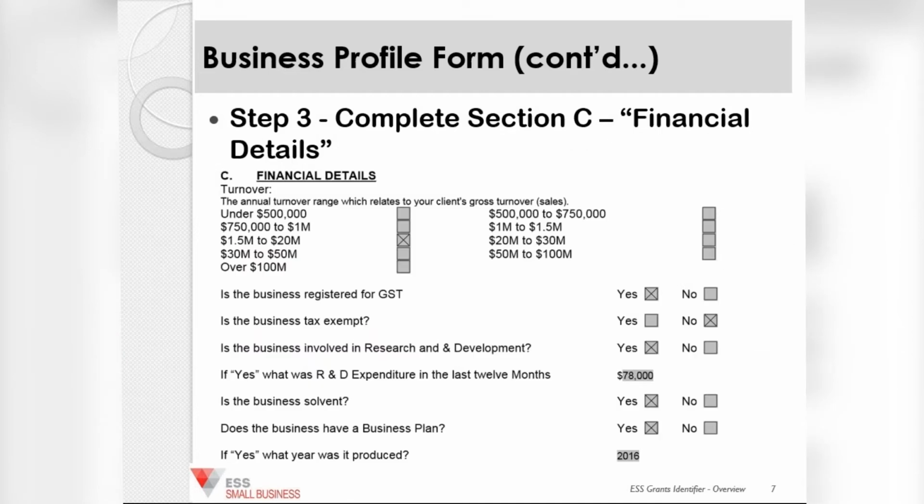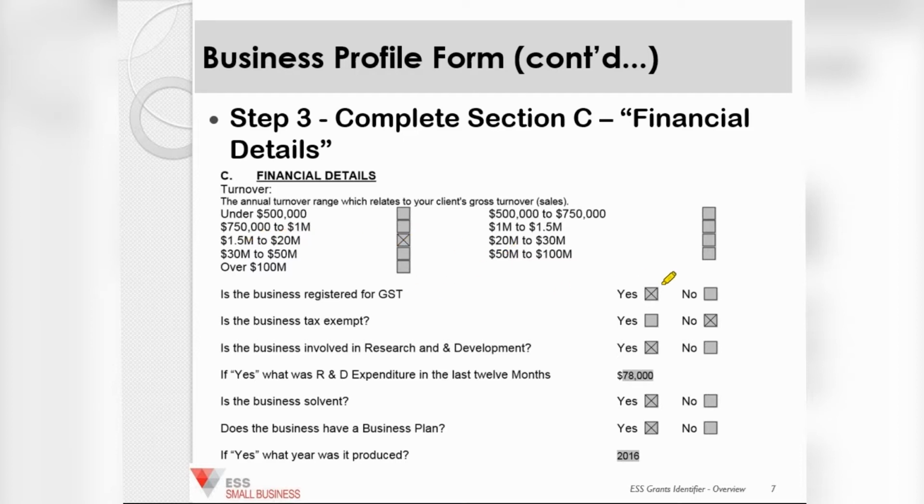The next question relates to the financial details. The first component is your turnover. There are different categories because grants have various category components. So for our hypothetical, which had a turnover of about $6.4 million, we have identified $1.5 to $20 million.